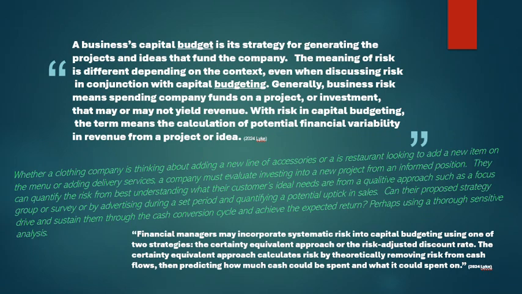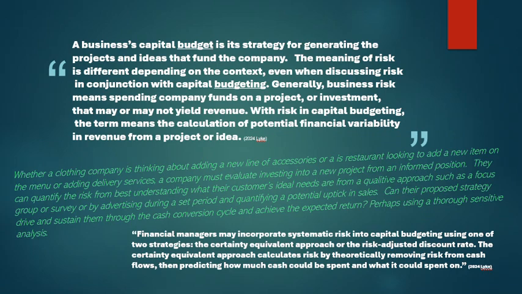They can quantify the risks from best understanding what their customers' ideal needs are from a qualitative approach, such as focus group or survey, or by advertising during a set period and quantifying a potential uptick in sales. So can their proposed strategy drive and sustain them through the cash conversion cycle and achieve the expected return? Perhaps, using a thorough sensitivity analysis.